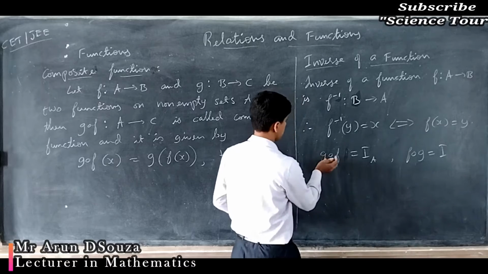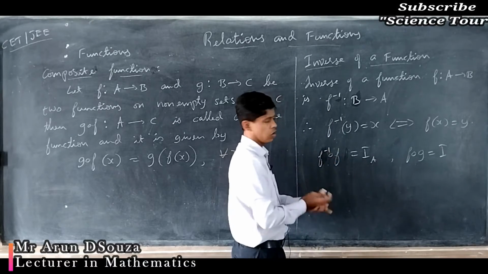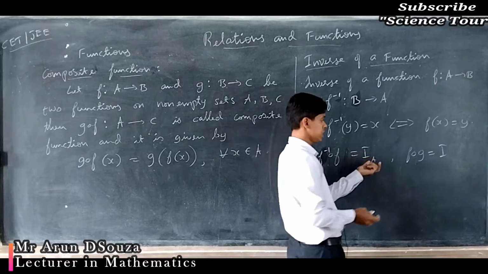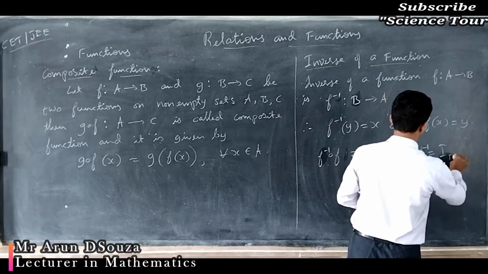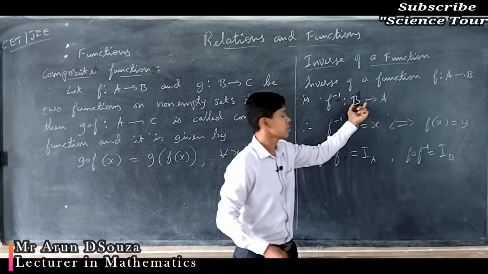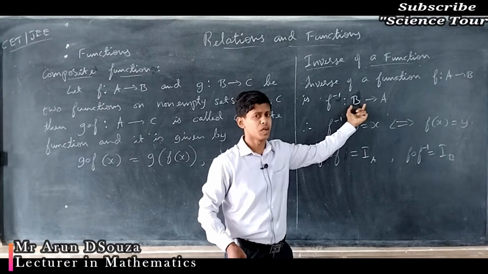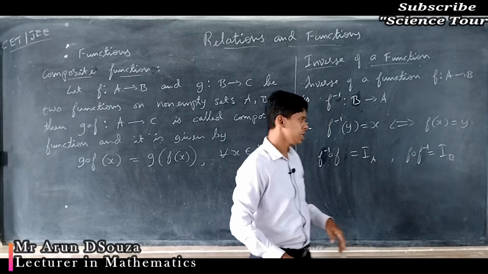Now what is g? g is nothing but f inverse. So f inverse of f must be identity, and f of f inverse also must be identity, because f inverse begins with B. The domain of f inverse is B, therefore it must be identity for the set B.